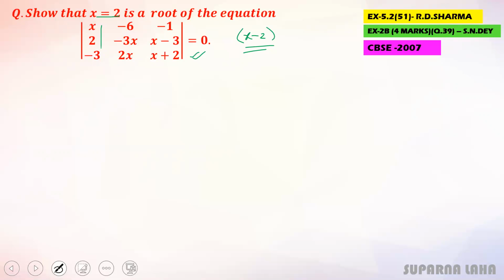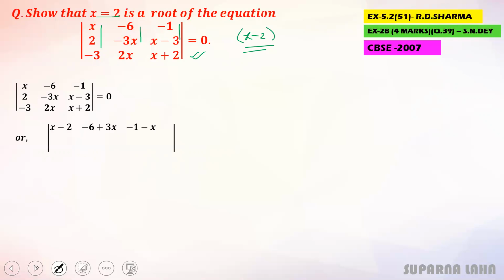Now can we find this factor for column 2 or column 3 also? So let's check this out. Here is the LHS portion given. This equation is given. Now just apply row 1, not 2. This row 1 dash is given by row 1 minus row 2.